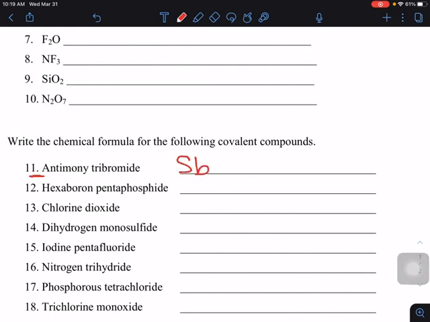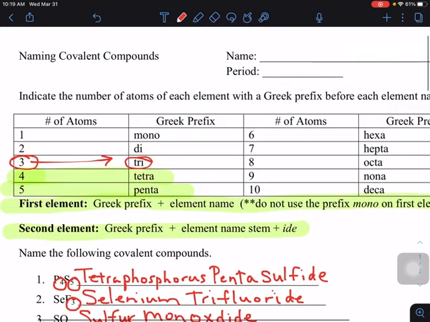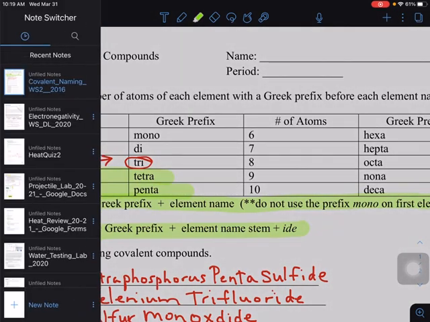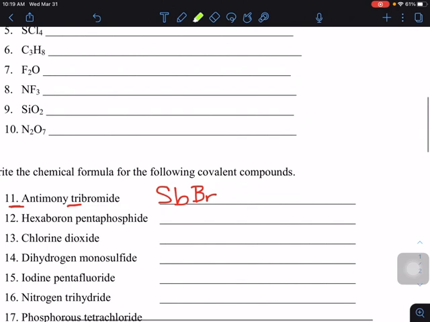No prefix, but we do have a prefix on the bromide. Bromide is bromine, and that symbol is Br. And the tri means 3. So again, we've used that before. Here it is, tribromide right there. So we would put a 3 subscript on the bromine.